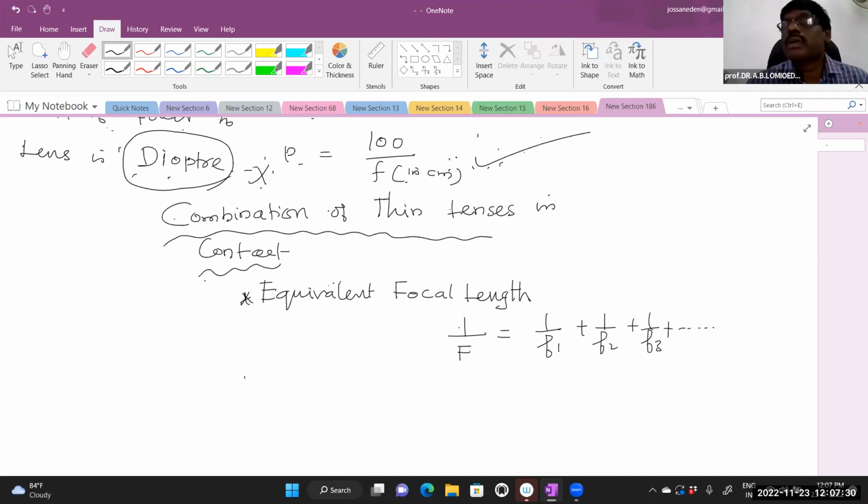The f1, f2, f3 are the focal lengths of the individual lenses.